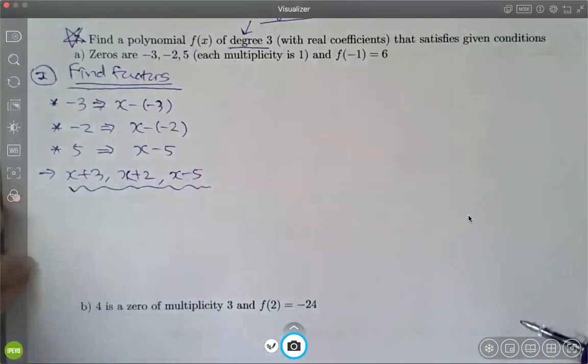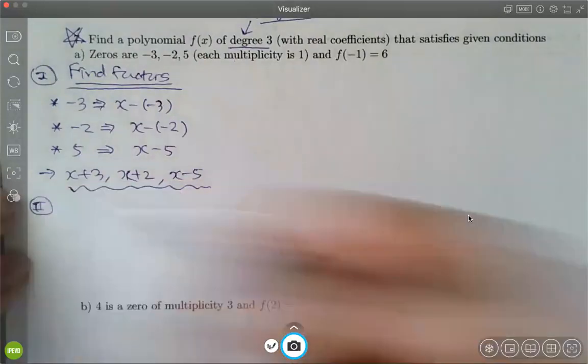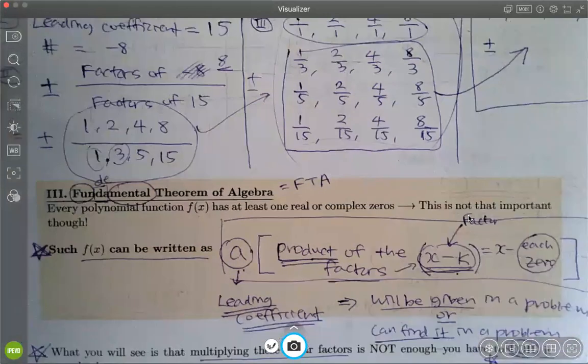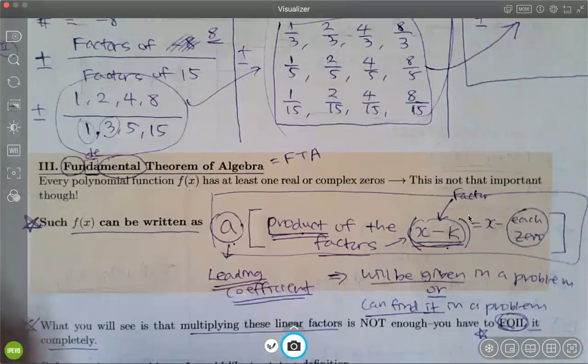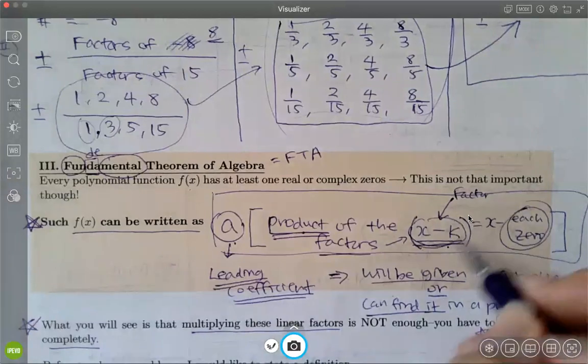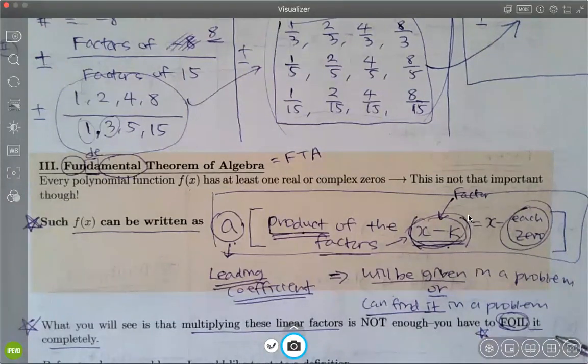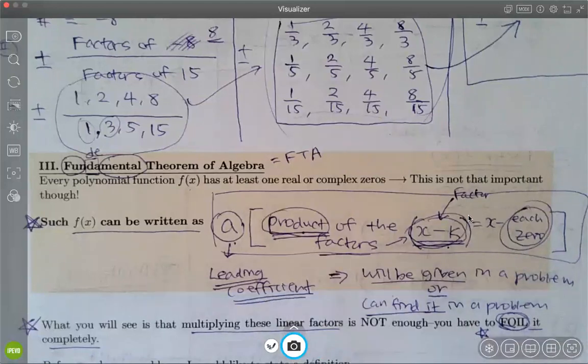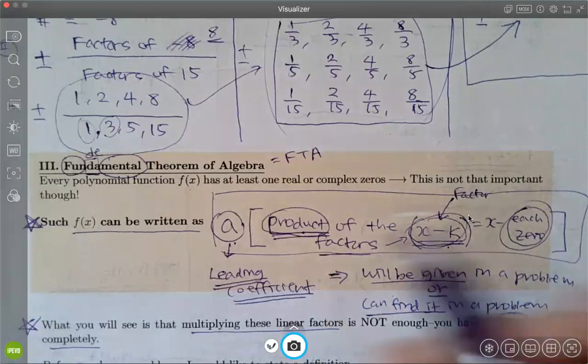Okay, and now what is step number 2? Let's go back to about 2 pages ago. The fundamental theorem of algebra, or FTA, says for each zero we get a factor. And now what do we do with these factors? We multiply them, followed by the leading coefficient a.